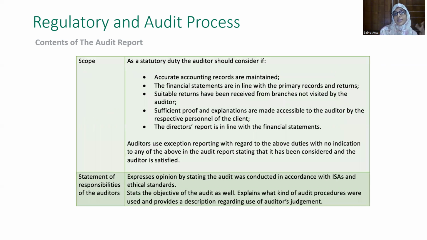Looking at the scope, there is also a statutory duty of the auditor, which should include accurate accounting records, that the financial statements are in line with the primary records and returns, and that returns are suitable and received from the branches not visited by the auditor. It also covers that sufficient proof and explanation were made accessible to the auditor by the respective personnel of the client, and that the director's report is in line with the financial statements.